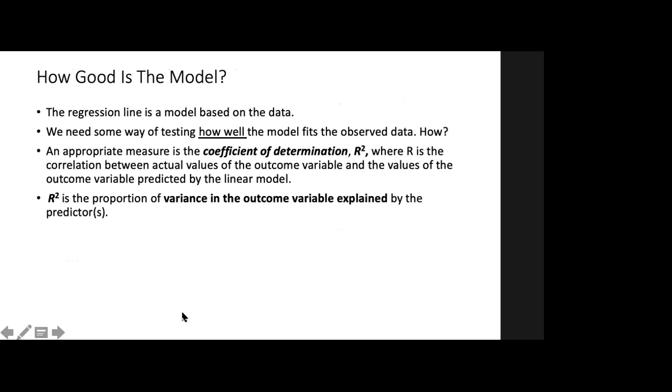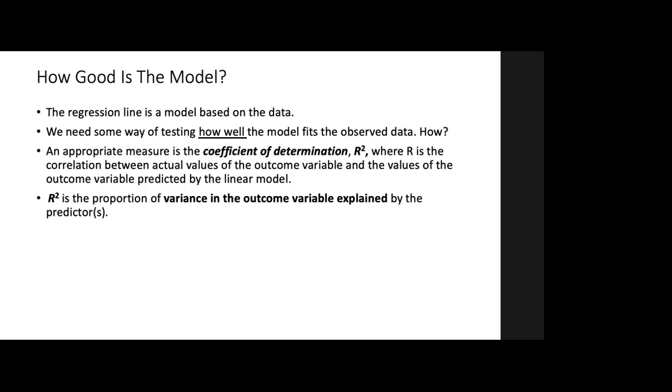R squared, our coefficient of determination, is simply the proportion of the variance in our outcome variable that can be explained by our predictor. In the dog example, that would be the proportion of the variance in weight that can be explained by the height of a dog. By knowing the height, how much of the variability in weight can I explain?